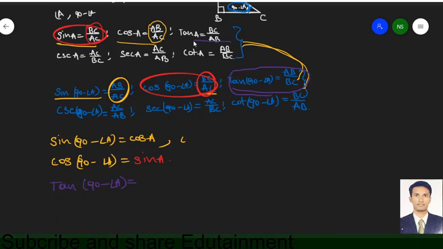Here we also have AB by BC for cotangent A. So tan 90 minus A is cot A.